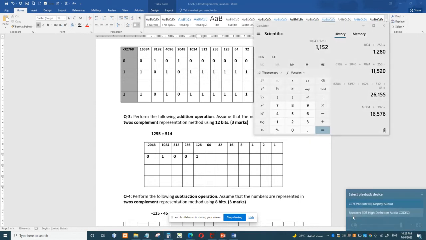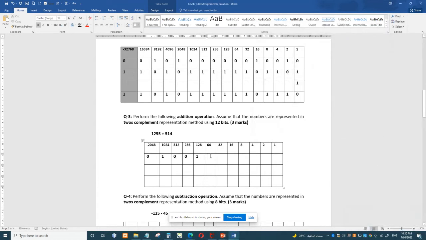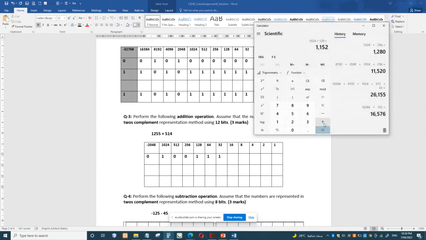Can you hear me? Yes, we can hear you. Now 64 and 32. Yes, we can take 64 definitely. We can take 32. So 1152 plus 64 plus 32 is 1248.